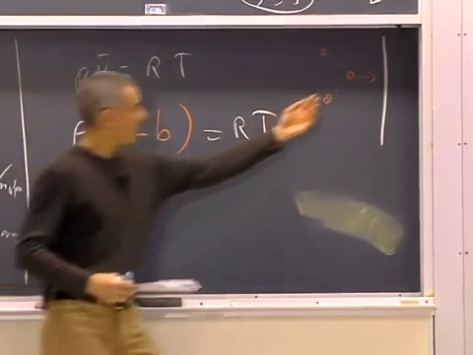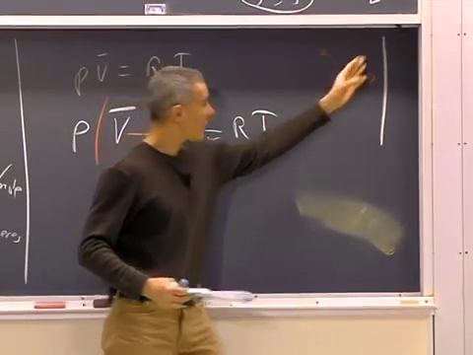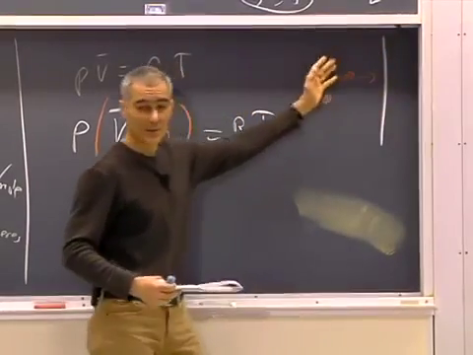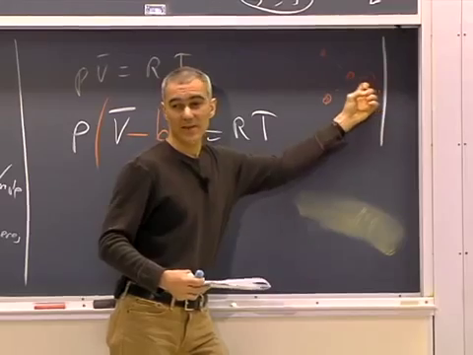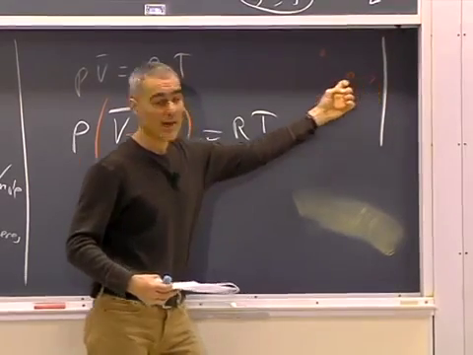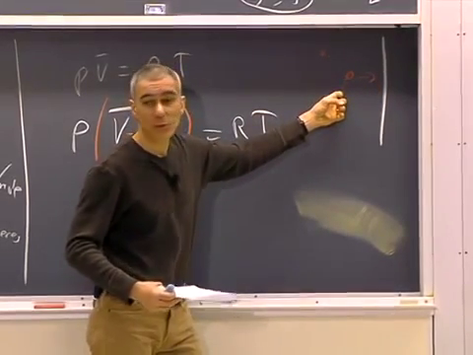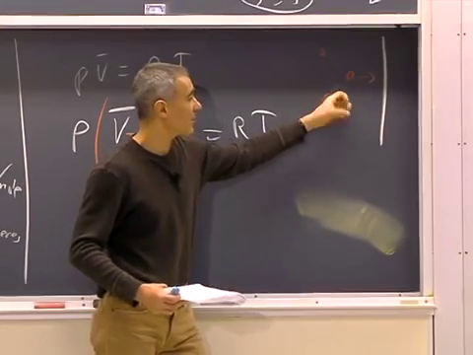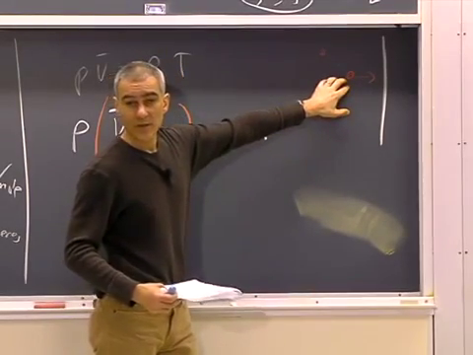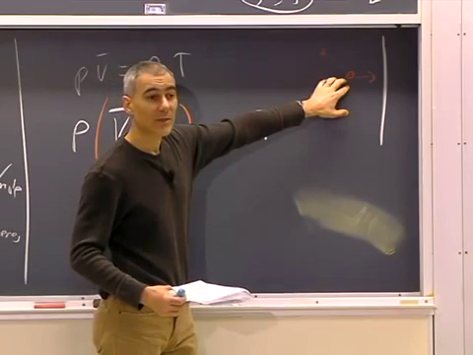There's an attractive force. There are no other molecules on that side of the wall, so there's an attractive force that makes the velocity of the thing not quite as fast. The force is not quite as strong as it was without this attractive force. So the real pressure is not quite the same because of these attractive forces as it would be without them. Okay, the pressure is a little bit less in this case here.